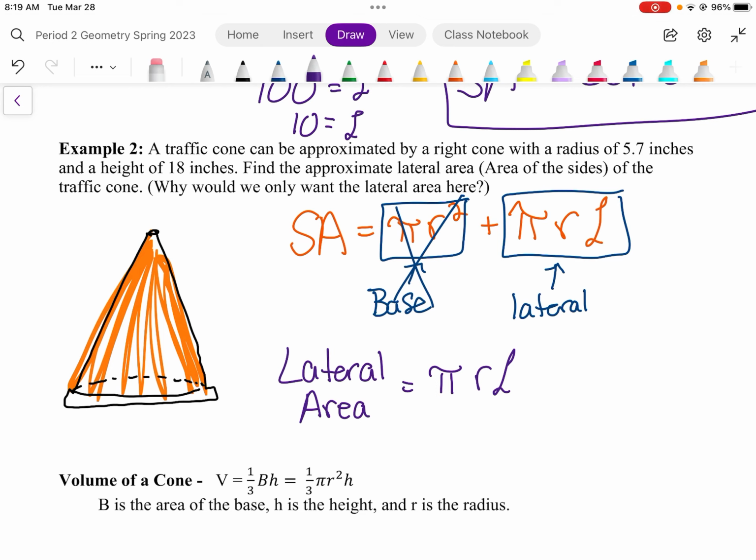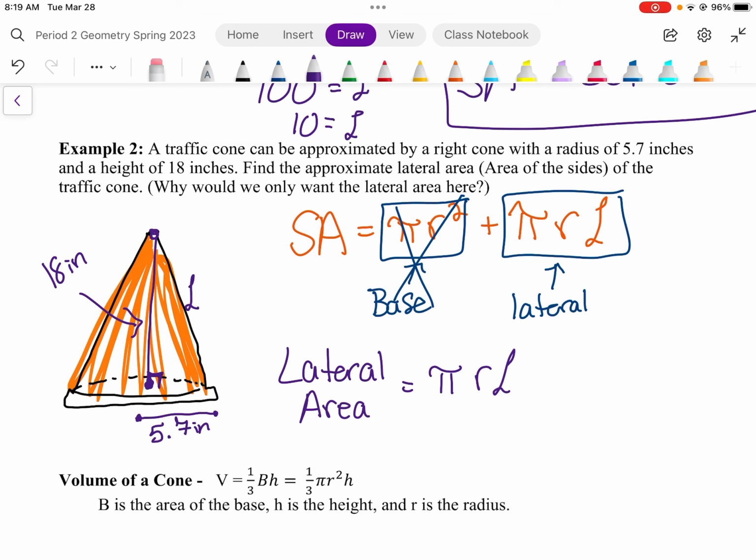So if we look at the information they give us, they said that the radius is 5.7 inches. And the height, so remember height is the distance from the vertex straight down to the base, and that is forming a right angle. That is 18 inches. So we need to figure out what the slant height is before we can find the lateral area.